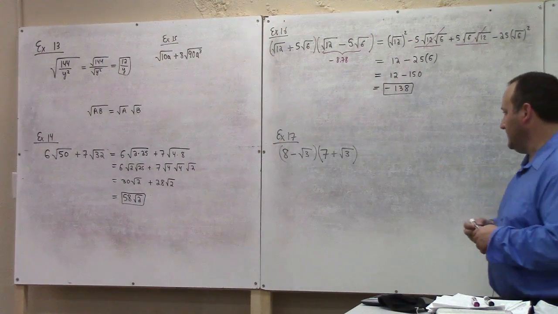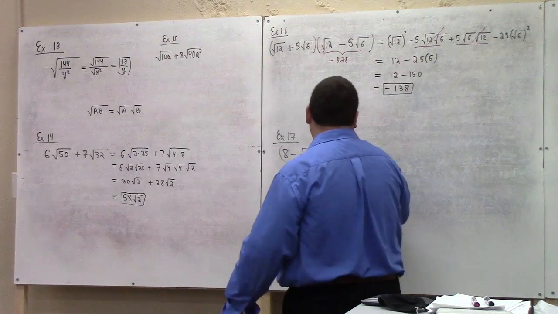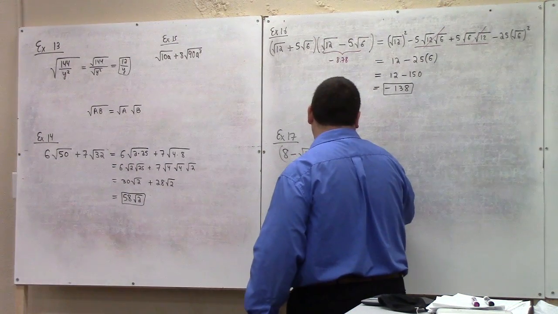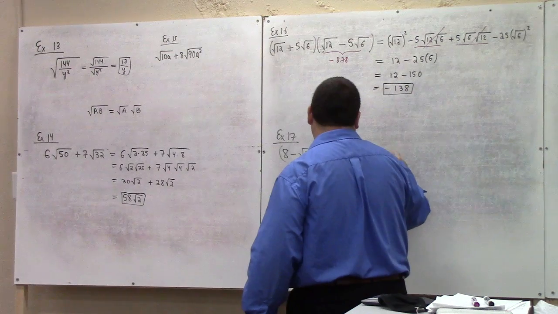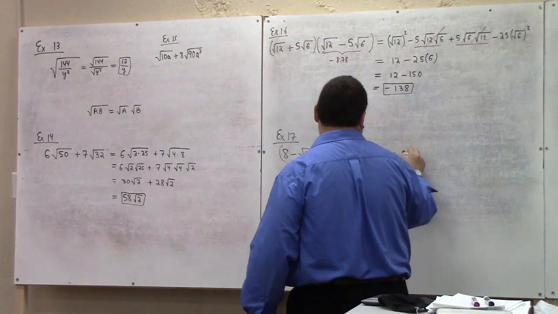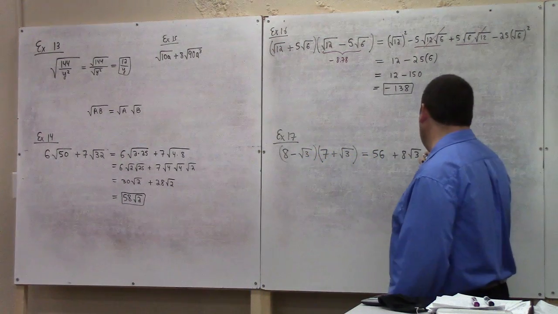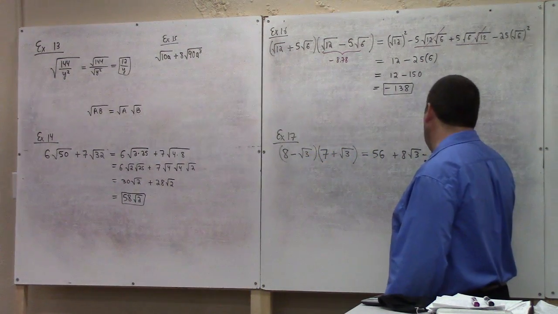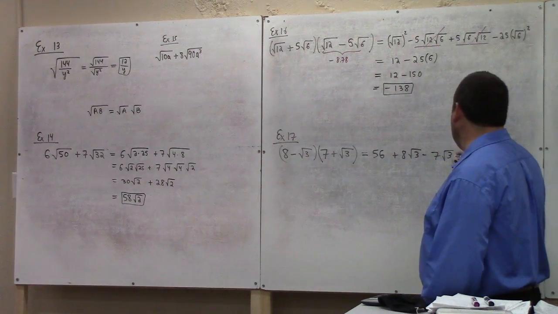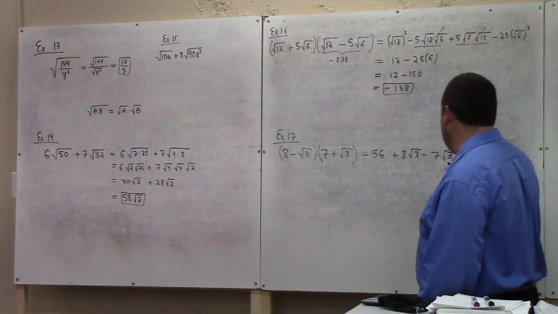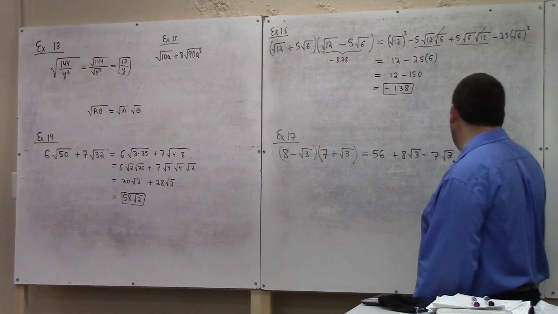Okay, so this one here, then what? What we got? 8 times 7, which is what? 56, okay. Plus 8 root 3. Well, be careful. Yeah, minus 7 root 3. You wrote down the minus 7? Yeah. And then, so minus root 3 squared, right?